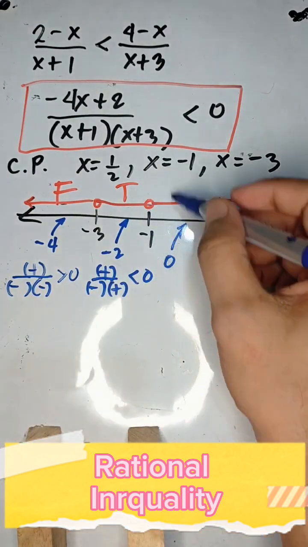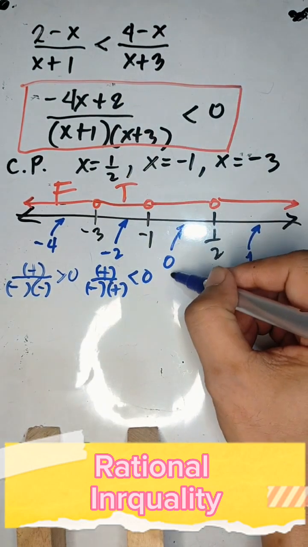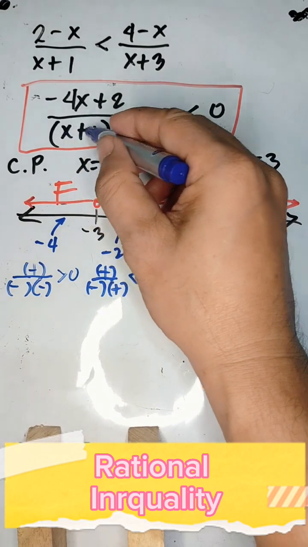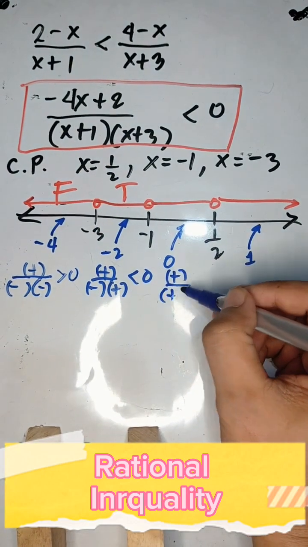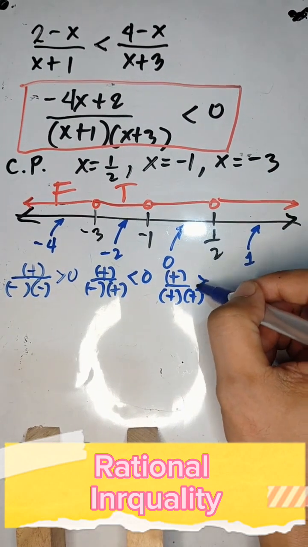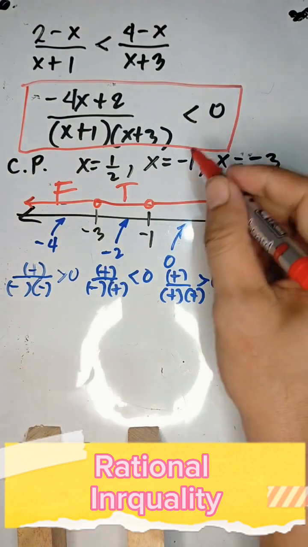Next, when our x is 0, we're gonna have plus 2, so it's positive. Denominator, 0 plus 1 is positive 1, and 0 plus 3 is positive, so all is positive. But this is false here.